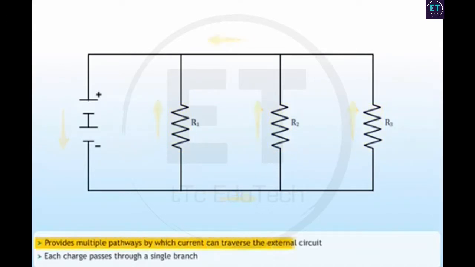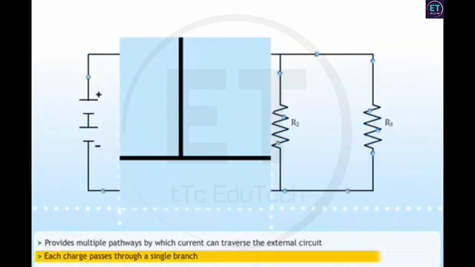The presence of branch lines provides multiple pathways for a current to traverse the external circuit. On arriving at the branching location or node, a charge selects the branch on which it will travel back to the low potential terminal. Thus, each charge passing through the loop of the external circuit passes through a single branch.